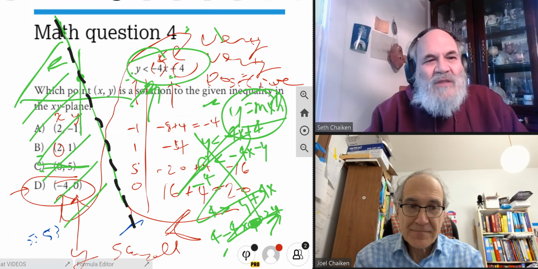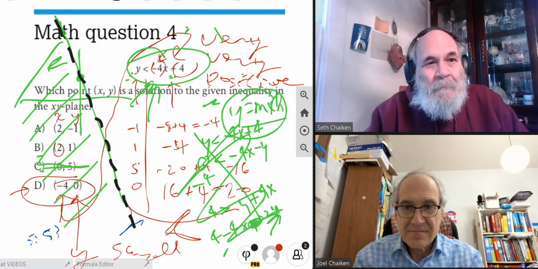So that black dashed line is the plot of minus 4x plus 4.